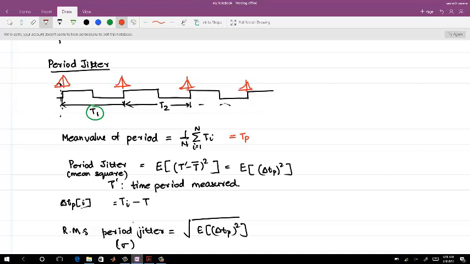You know that Gaussian noise is unbounded and can take an infinite value, but the probability of taking that infinite value is close to 0. So I know only the sigma, but what can I say about the peak to peak value of the jitter?